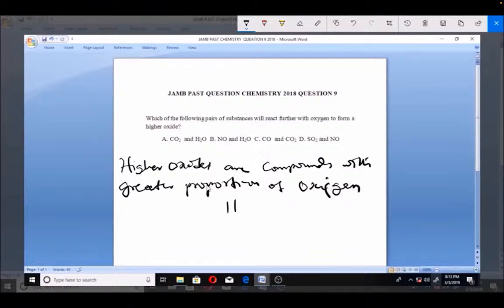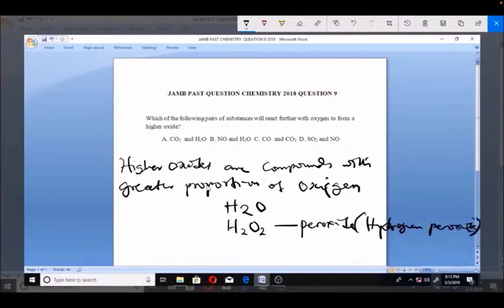Like now you have H2O, which is a normal neutral oxide. Now you also have H2O2, which is hydrogen peroxide. This is a peroxide. So this is a higher oxide because there is more oxygen here. This is normal oxide, so this is a neutral oxide.